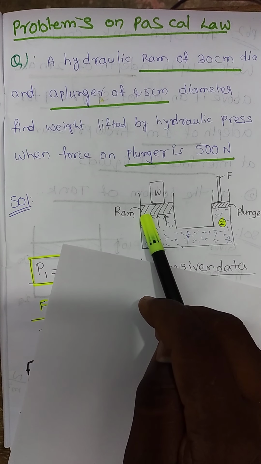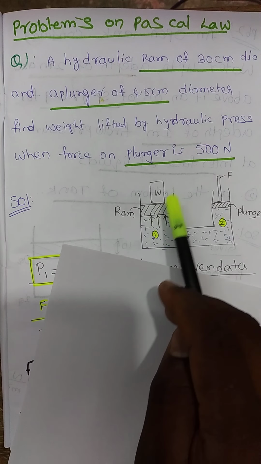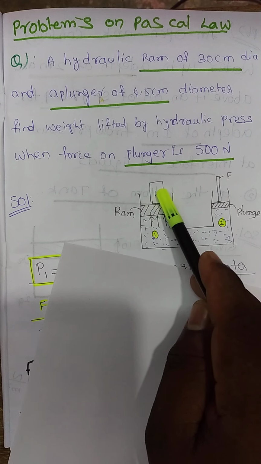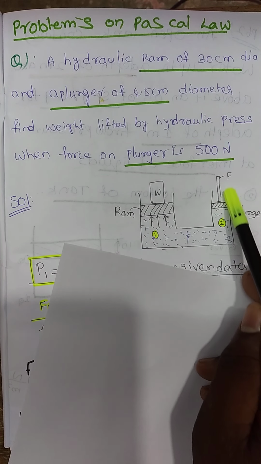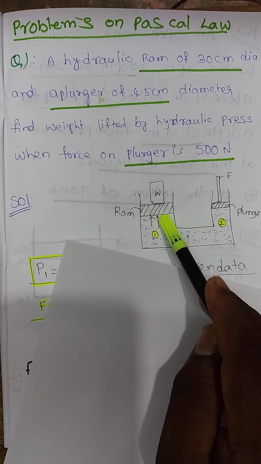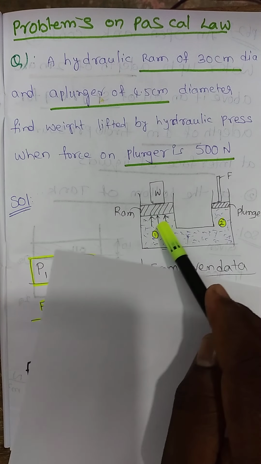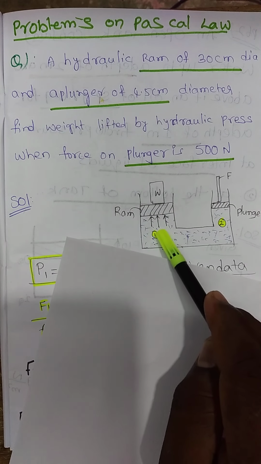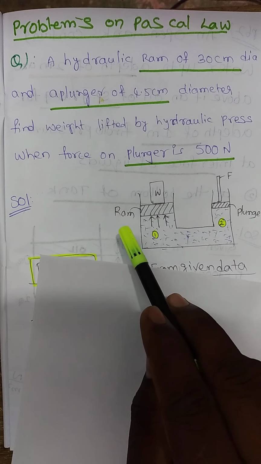For example, you want to lift a huge shutter, then you apply a small force, and automatically this will lift. So from this we can conclude that the pressure at the second instant and the pressure at the first instant are the same. So it is working based on Pascal's law only.